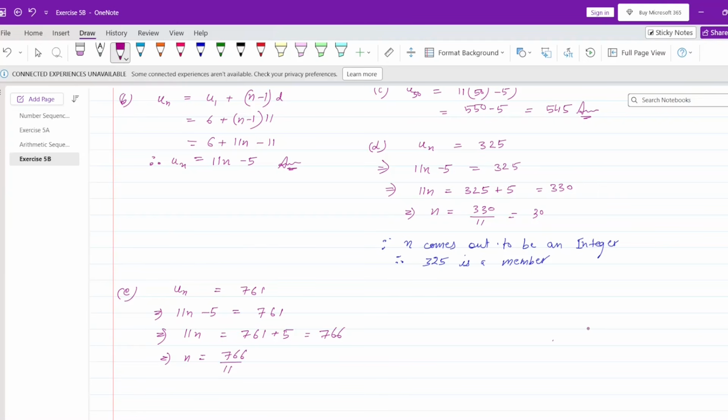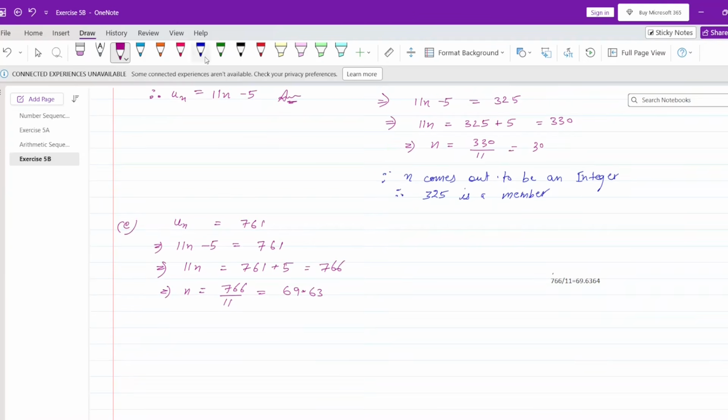If we calculate it, 766 divided by 11, we get 69.63. Here we can say, as n is not an integer, therefore 761 is not a member of the sequence.